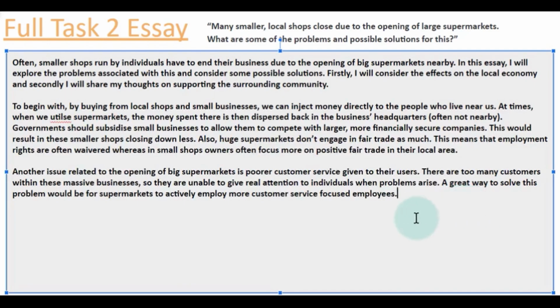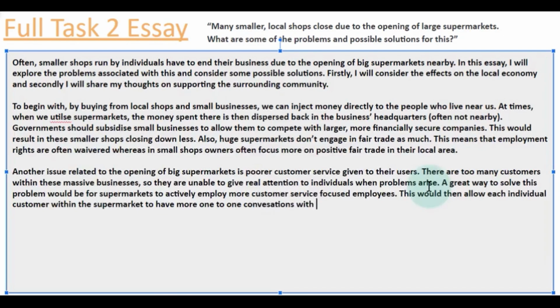Employees, I'm repeating a little bit, but that's okay, I think. To actively employ more customer service focused employees. This would then allow each individual customer within the supermarket to have more one-to-one conversations with staff if they have any problems or questions.